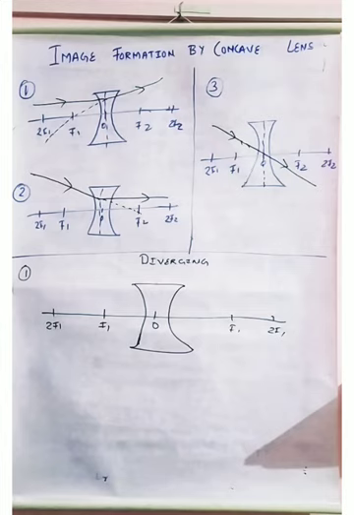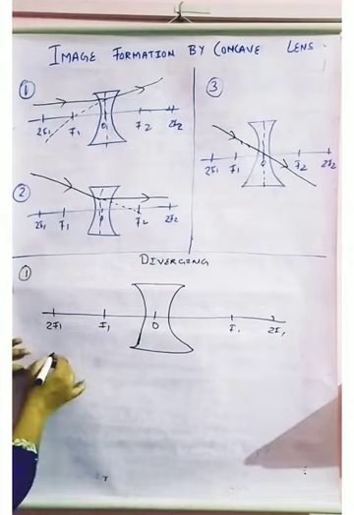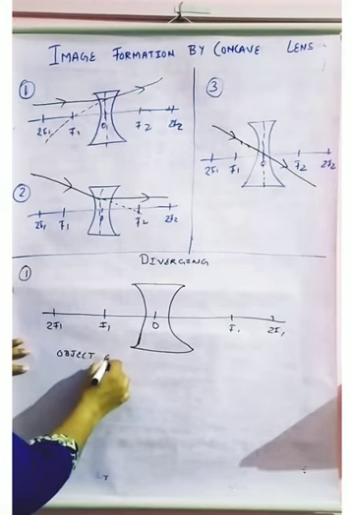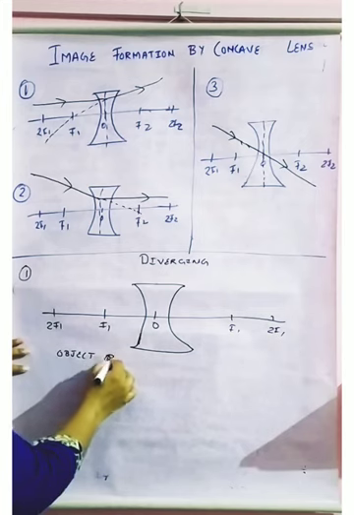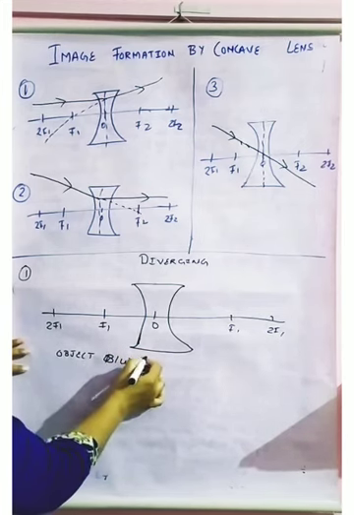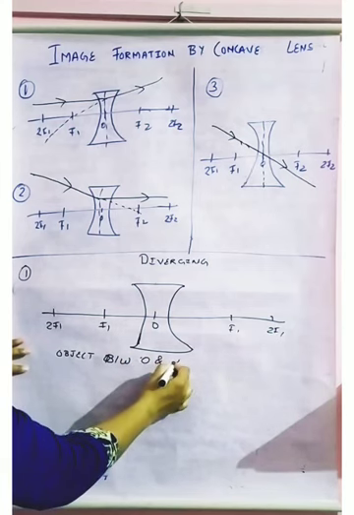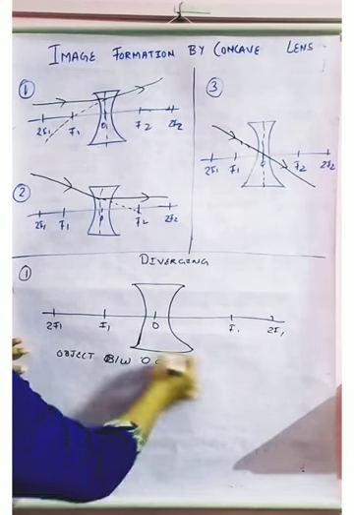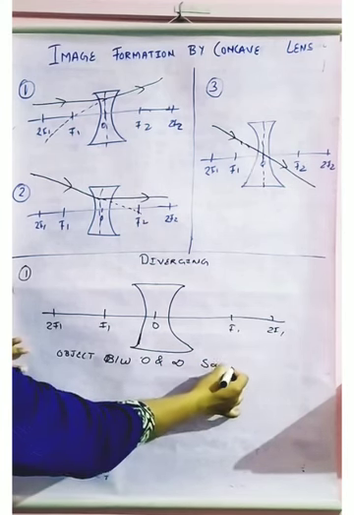Okay, the first case we are going to discuss is when the object is between optic center and infinity. The object will be between O and infinity. When the object is between O and infinity, the image will be formed on the same side.